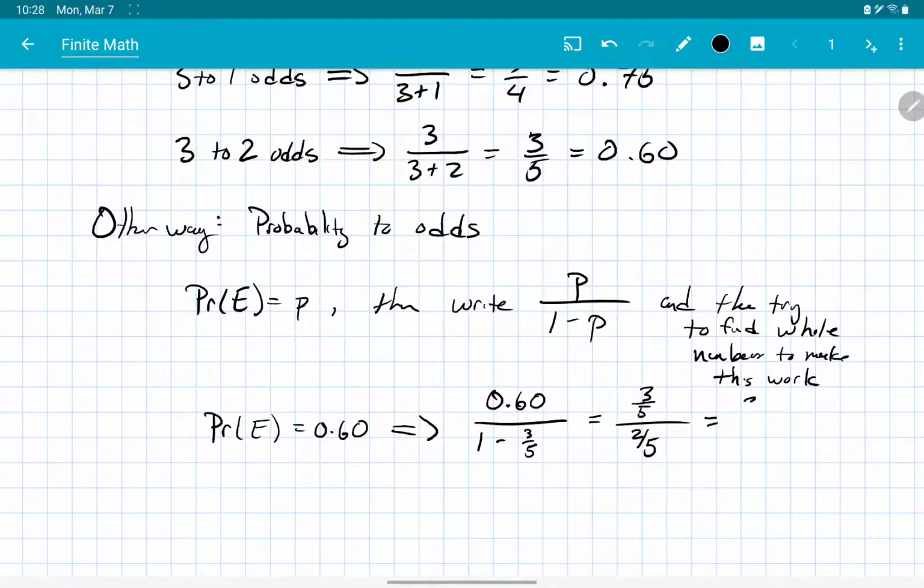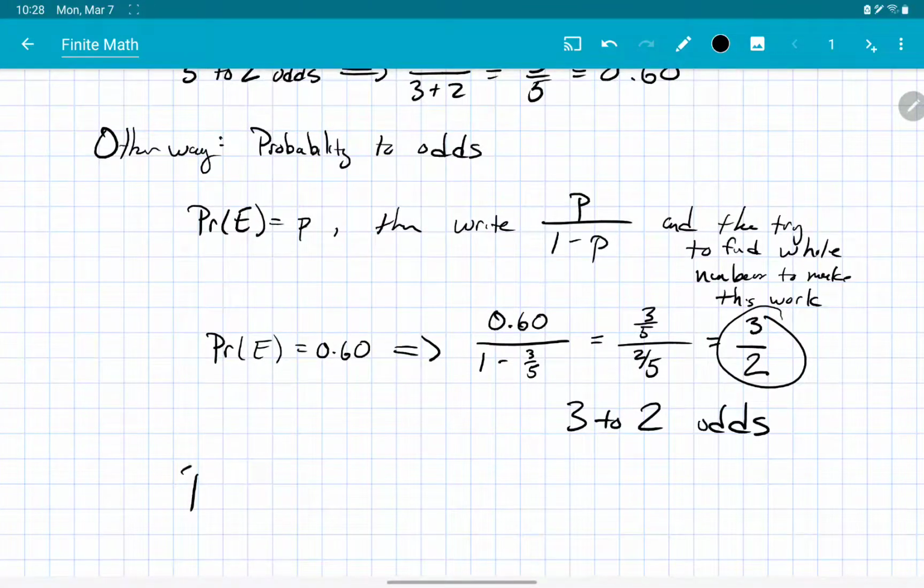So here we get 3 over 2, and that means 3 to 2 odds. Okay. The trouble can sometimes be getting this to look like a whole number over a whole number, right? You might have to monkey with it a little bit in order to get it as a whole number over a whole number if it's not a nice fraction already.